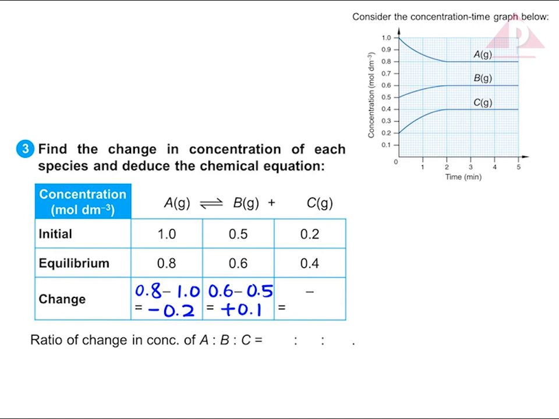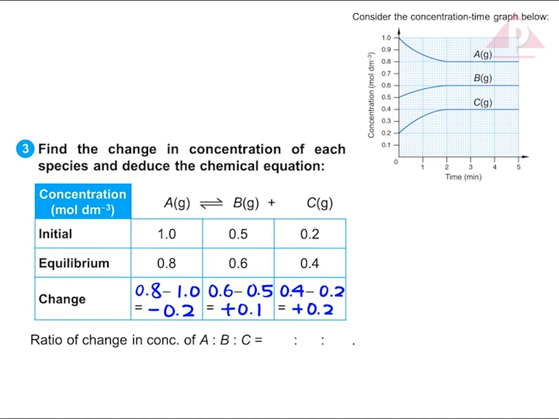For C, its initial concentration is 0.2 moles per dm cubed and its equilibrium concentration is 0.4 moles per dm cubed. Its concentration increases by 0.2 moles per dm cubed when the equilibrium is reached.